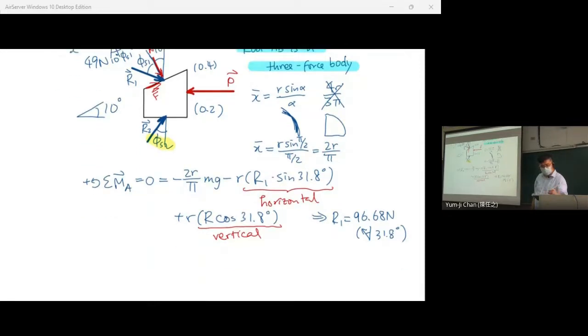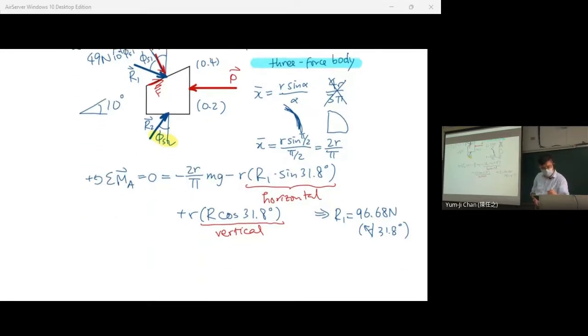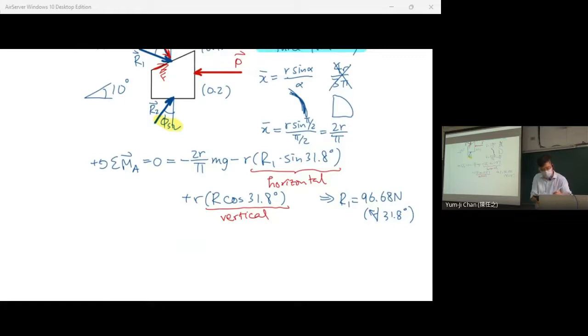And for the wedge, it is easy, same as the last problem. We have these free forces.